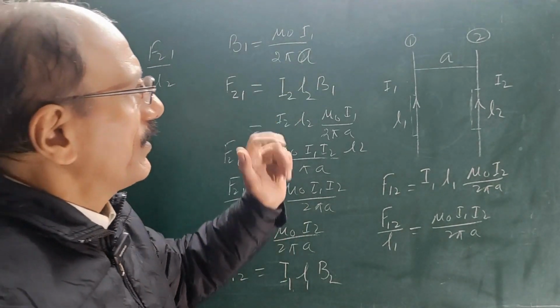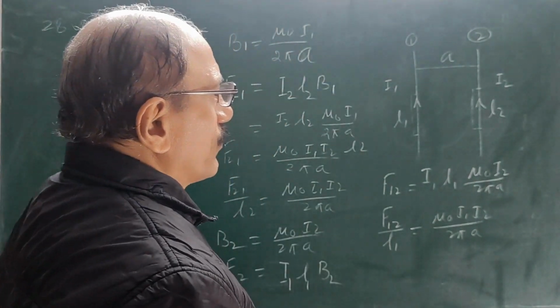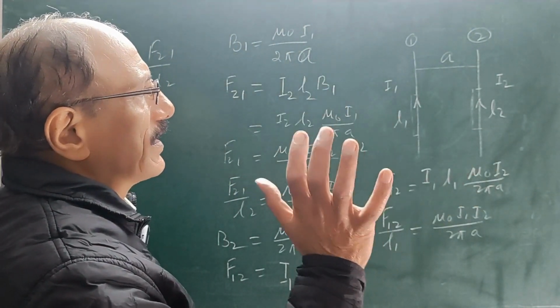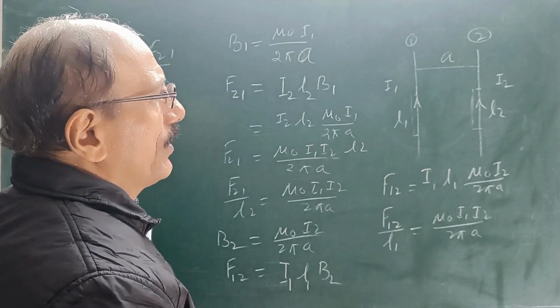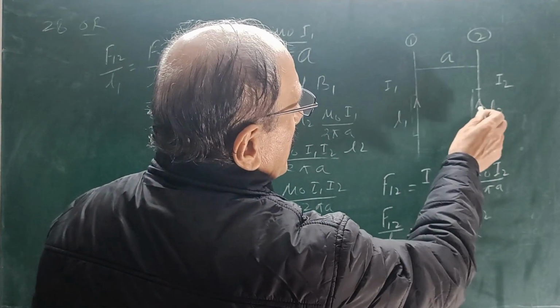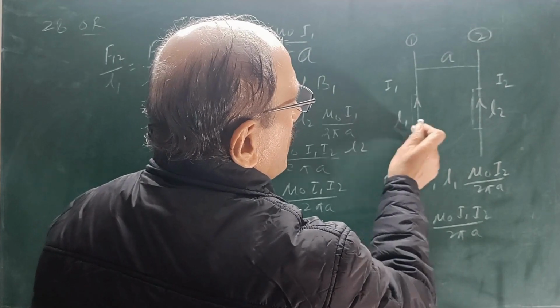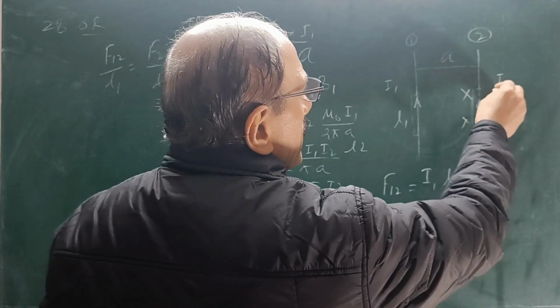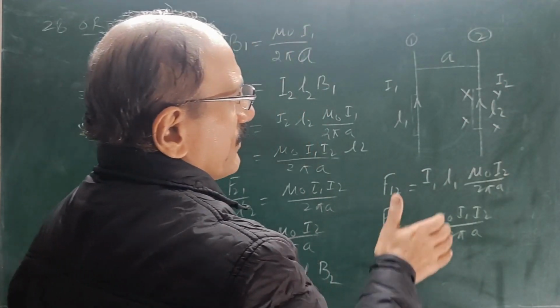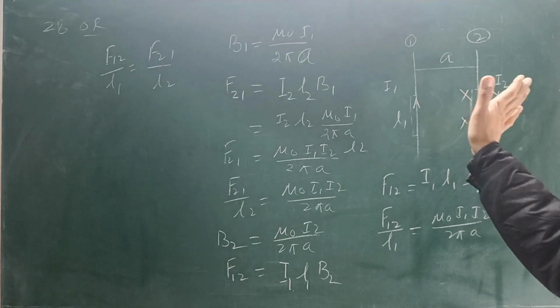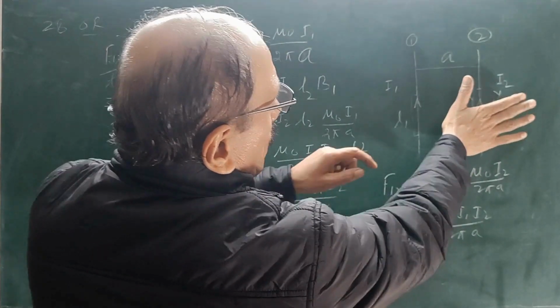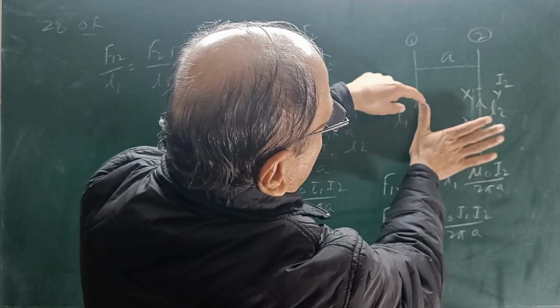The direction will be obtained by Fleming's left hand rule. So first of all, we will use the right hand palm rule or right hand grip rule. The magnetic field induction at the location of the second due to the first will be inward. You just put the palm over here and the direction of the thumb in this way.